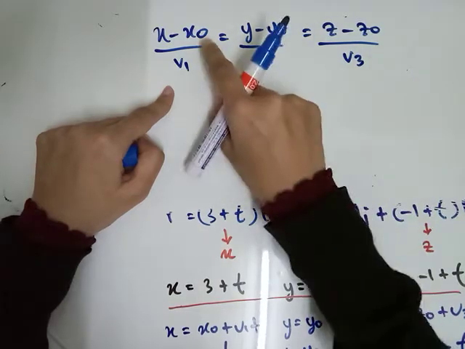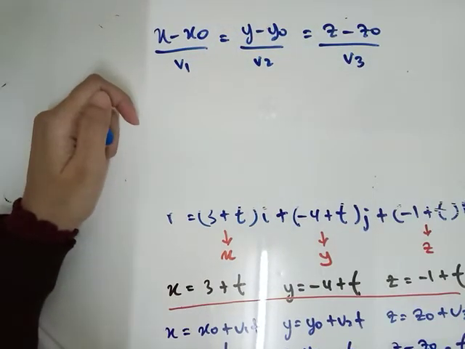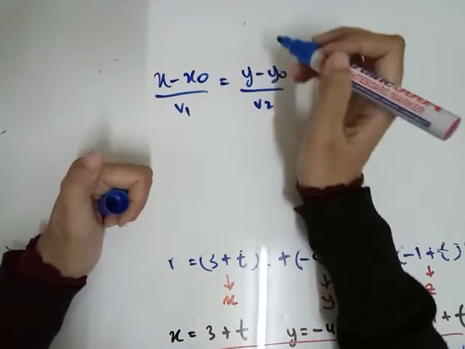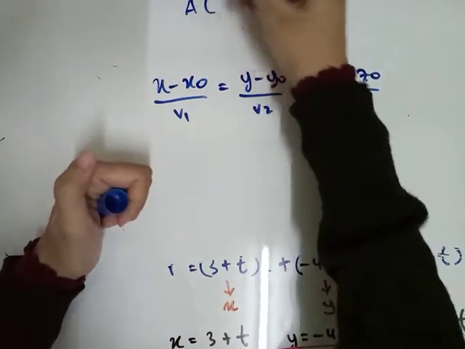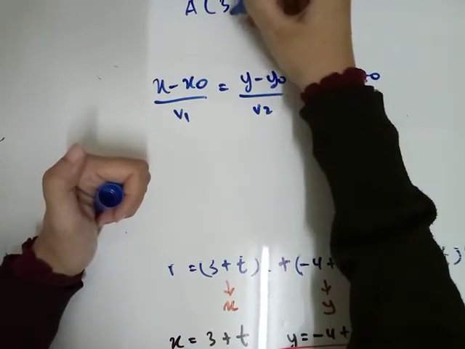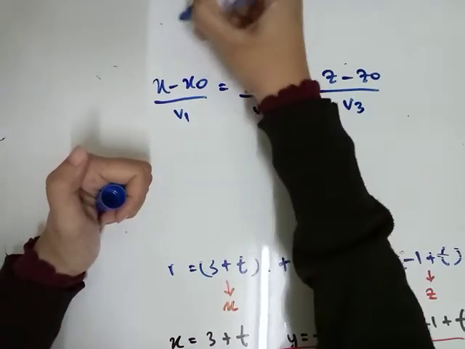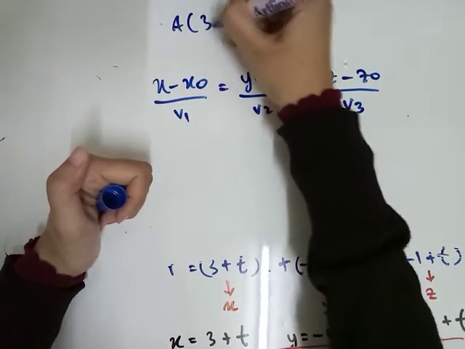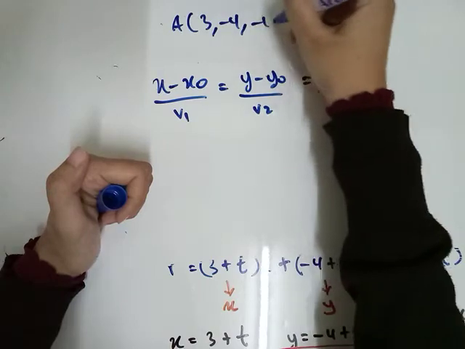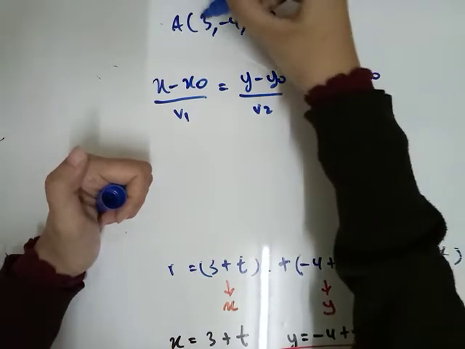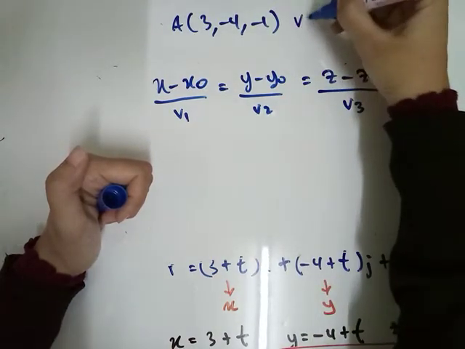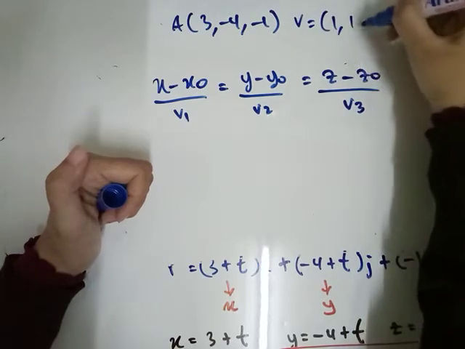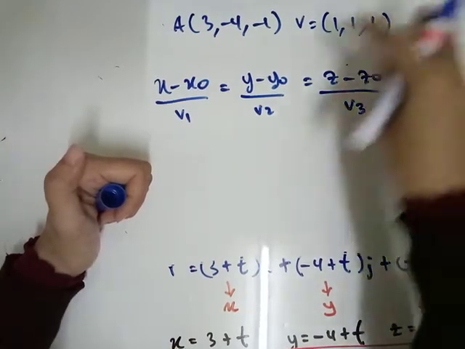Okay, and then substitute. We know that point A, what is point A? Yang tadi dalam soalan dia bagi 3. Point A is 3, negative 4, negative 1. This is x naught, y naught, z naught. And then vector v is 1, 1, 1. And then substitute.